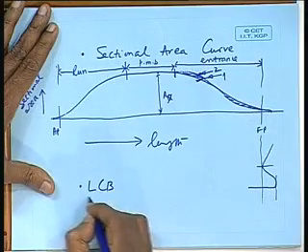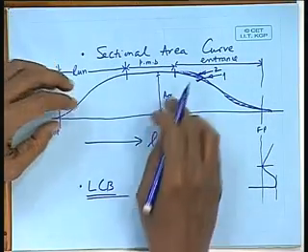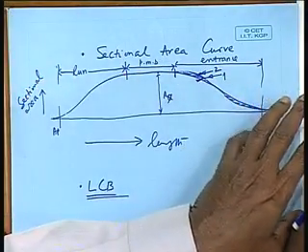For the same reason, the LCB plays an important part in resistance. Longitudinal center of buoyancy. It indicates how much volume is in the forward and how much volume in the aft, isn't it? So, if in my design the forward portion is giving me a major effect of resistance, then I should adjust my LCB accordingly.